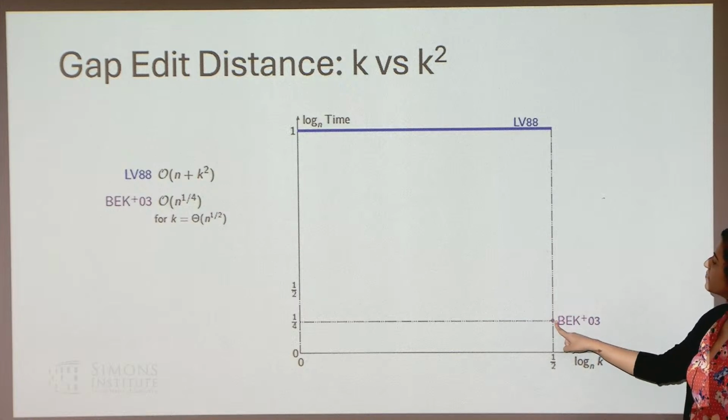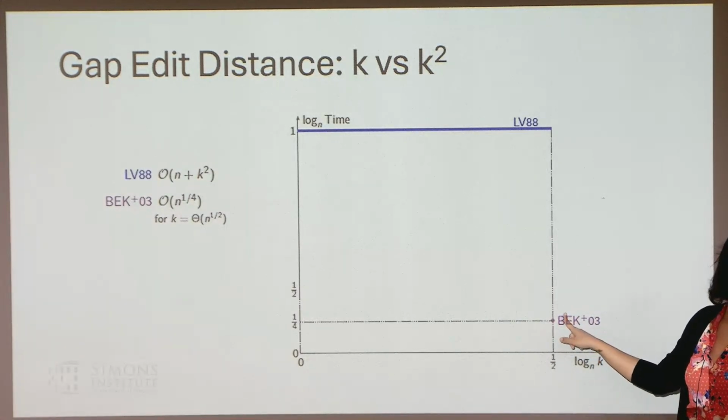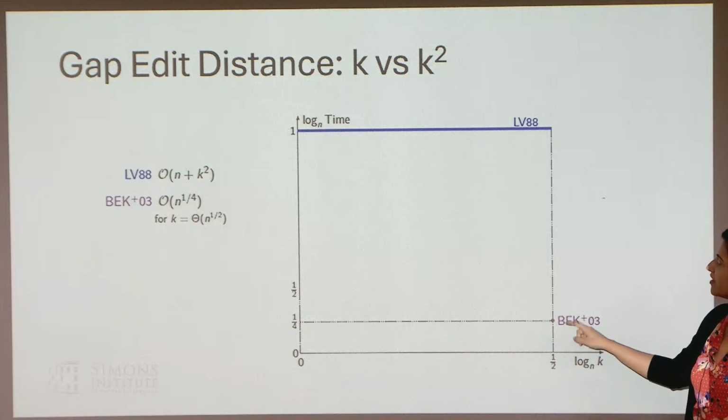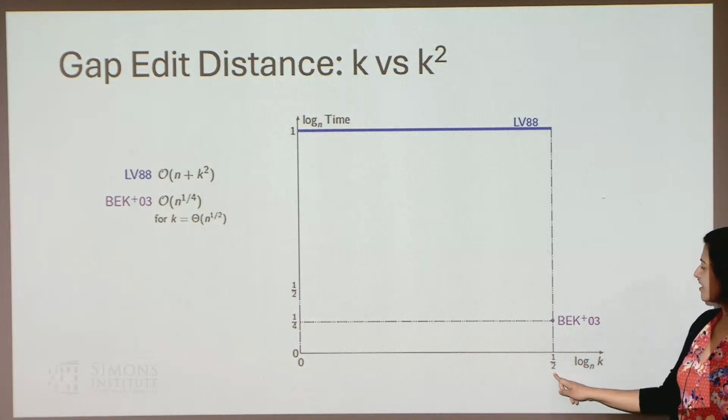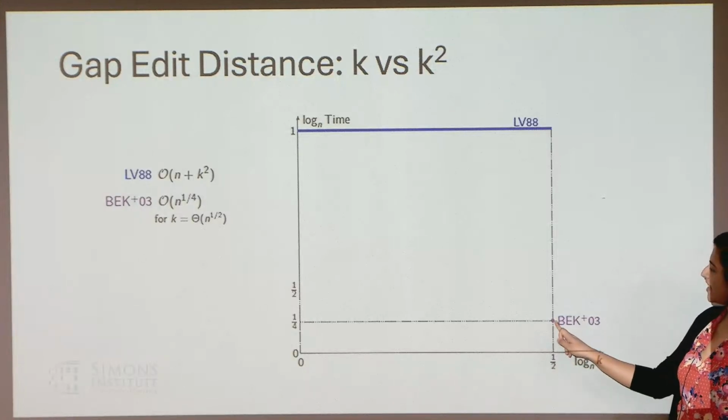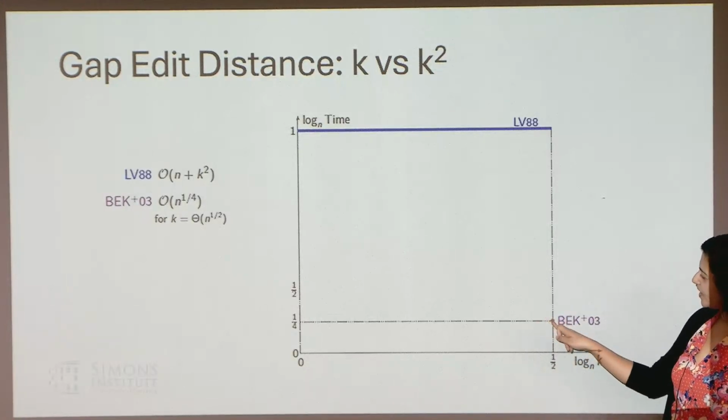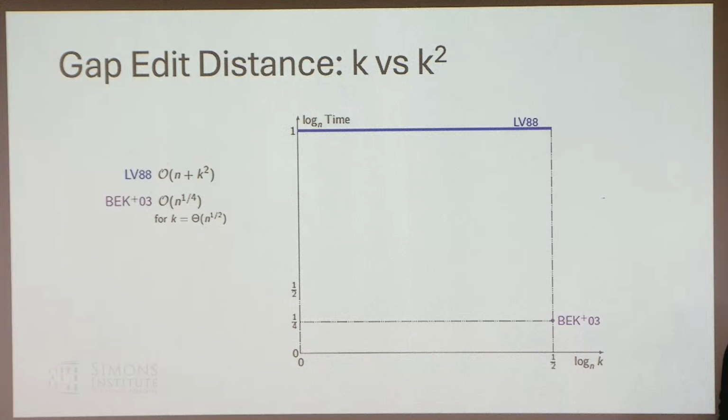And here we are plotting k versus k squared. So it only works for, and for that paper, your k squared has to be n. So this only works when k is square root of n, and they get a running time of n to the 1/4 here. Okay, so that's one point in the plot.